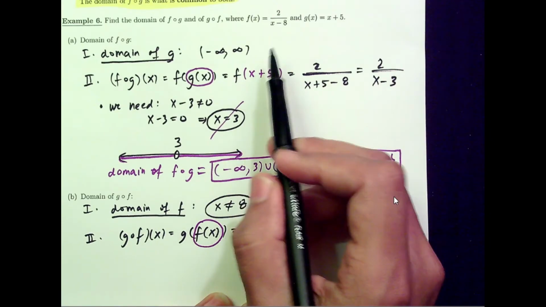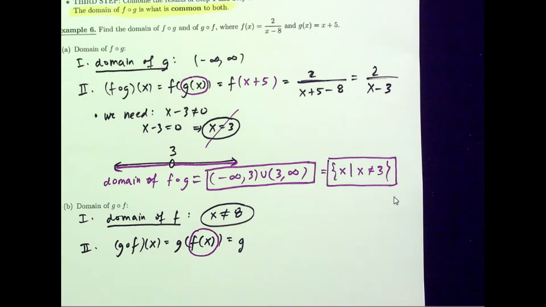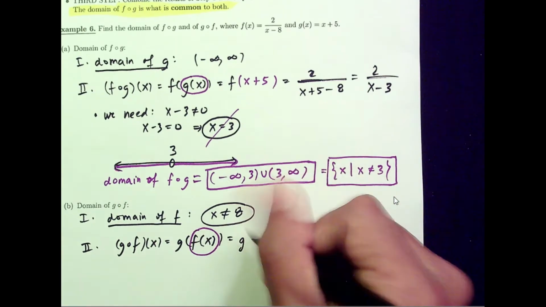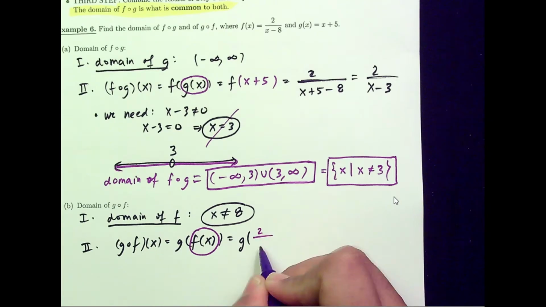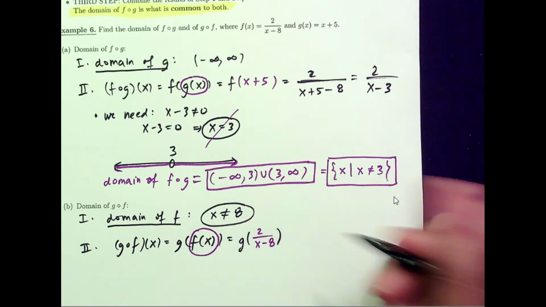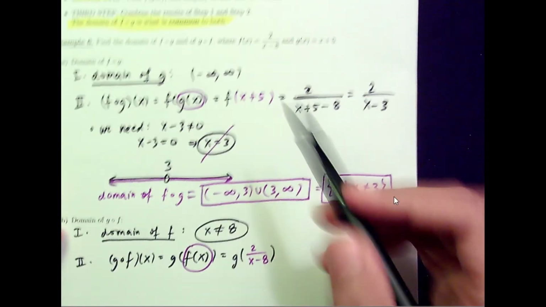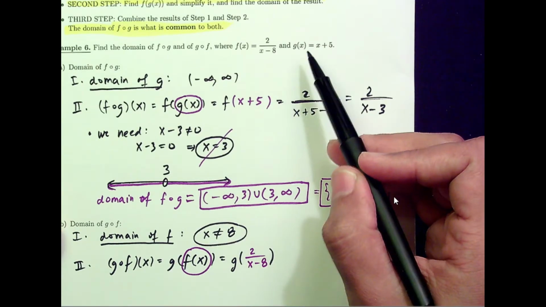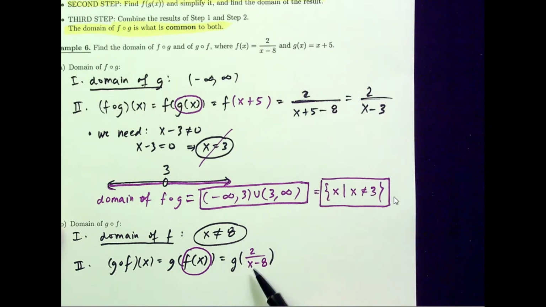F of x is 2 over x minus 8. So F of x gets replaced with 2 over x minus 8.